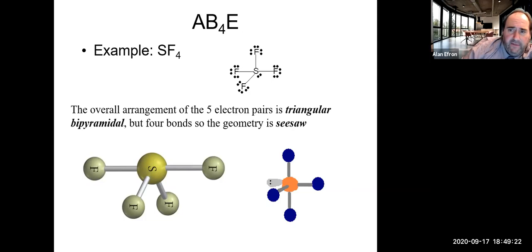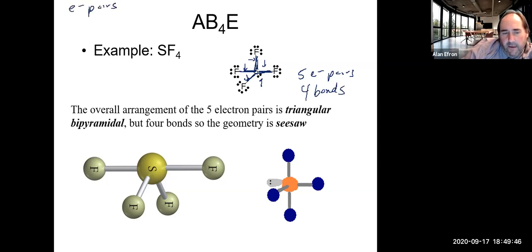So 1, 2, 3, 4, and 5 electron pairs, and our 1, 2, 3, and 4 bonds happening there. Something with 5 electron pairs is still going to be our trigonal bipyramidal.